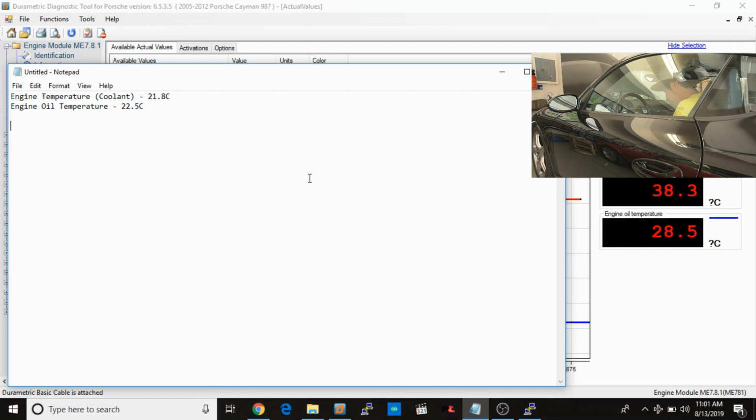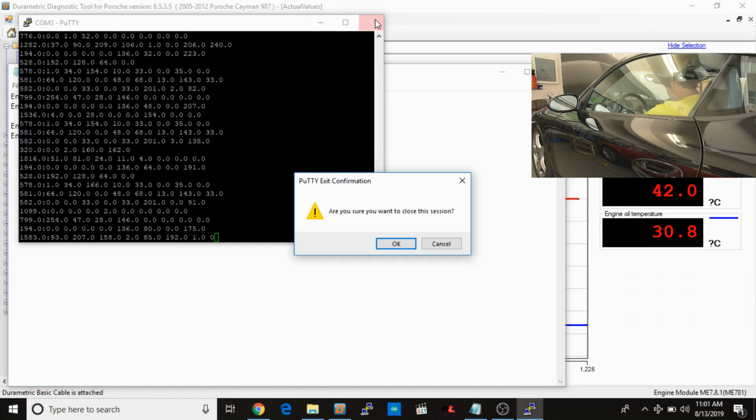Engine, let's see if we can get this done quickly. 40.5, 30. 41, 42, and 30.8. Close that log.